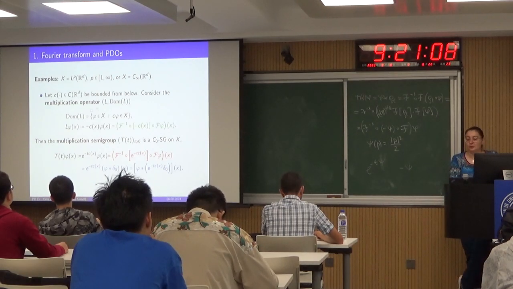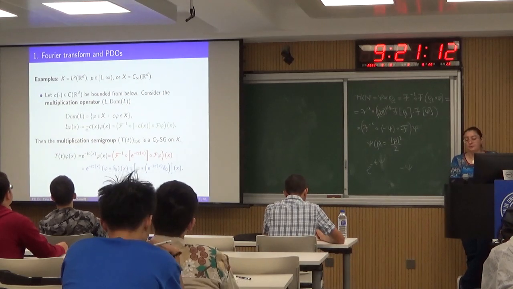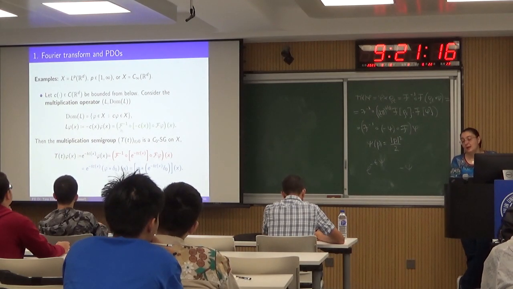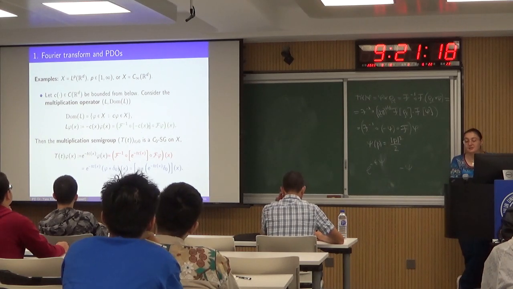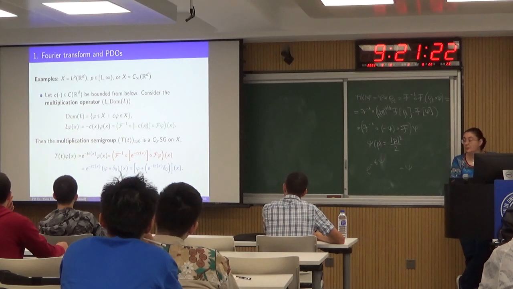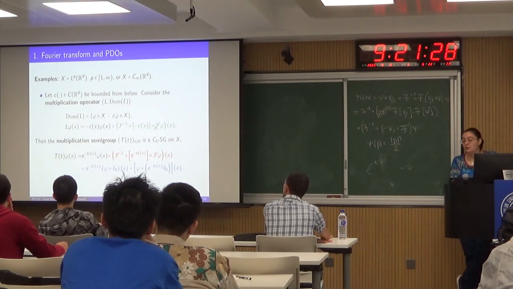So the multiplication operator, which we also discussed yesterday, can also be represented as a pseudo-differential operator with symbol minus c. Now this symbol depends only on x, it does not depend on q. So actually I can pull it out here, and then Fourier inverse and Fourier will eat each other.